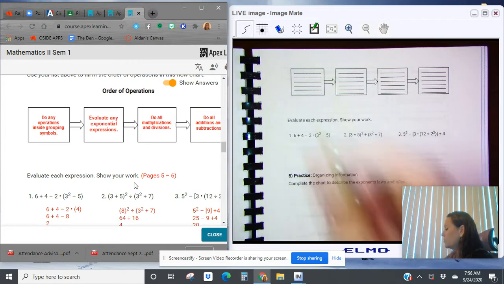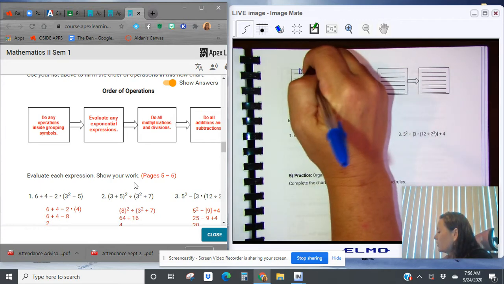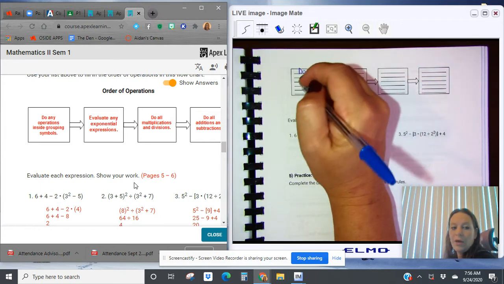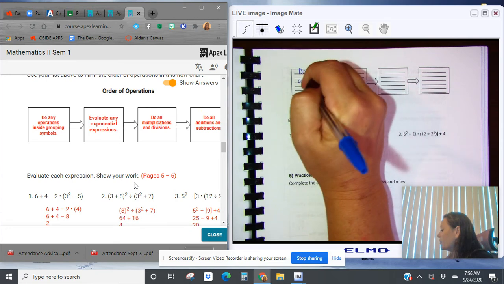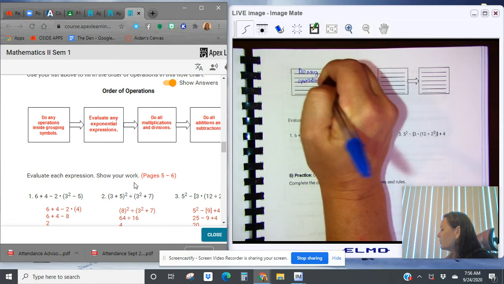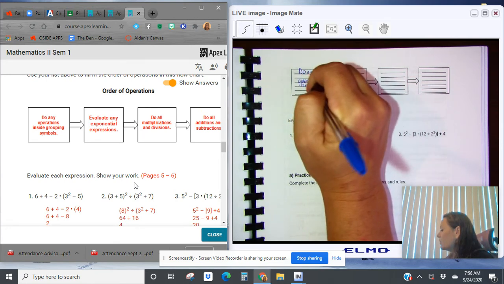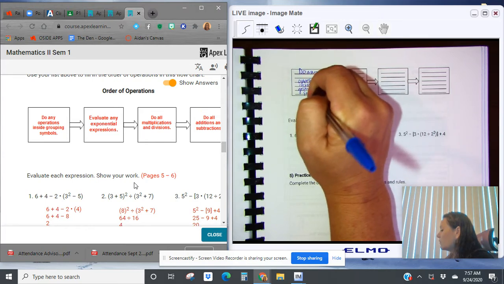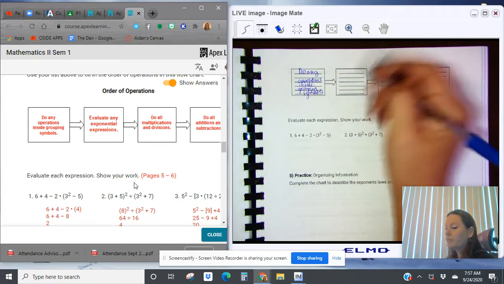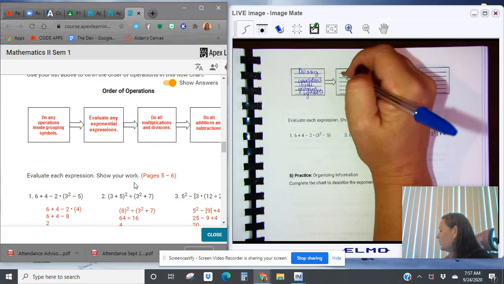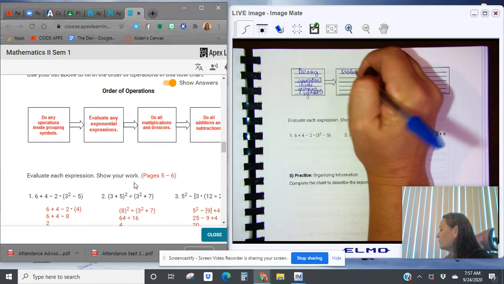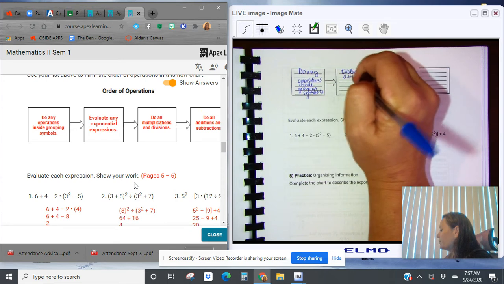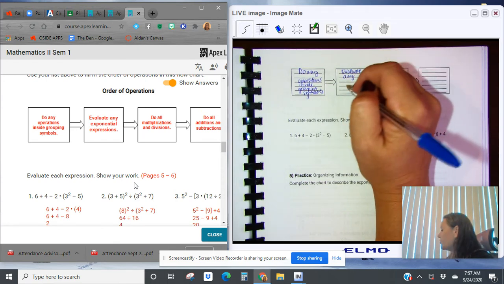So do any operations inside grouping symbols. Next, evaluate any exponential expressions.